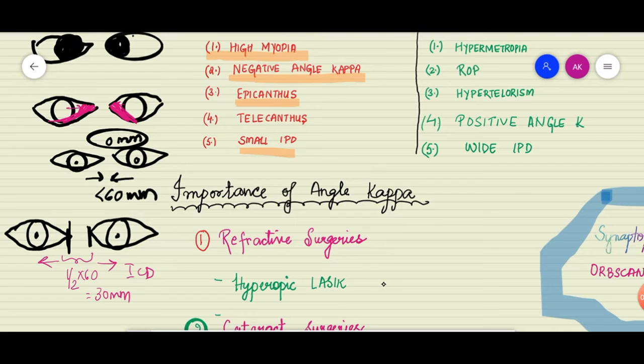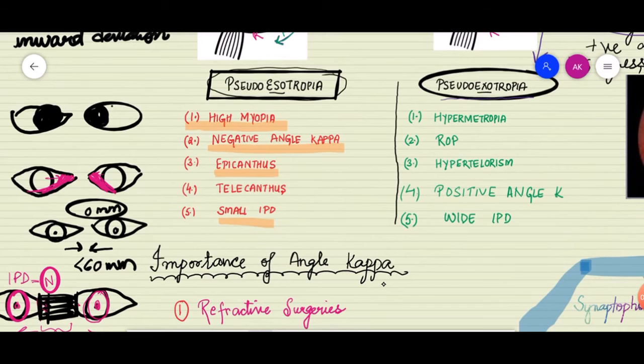However, the interpupillary distance, about 60 mm, will be normal. The two pupils are at the same location, just that the canthus distance has increased. Again, it will look to us as if these people also have close set eyes, or pseudoesotropia, right?